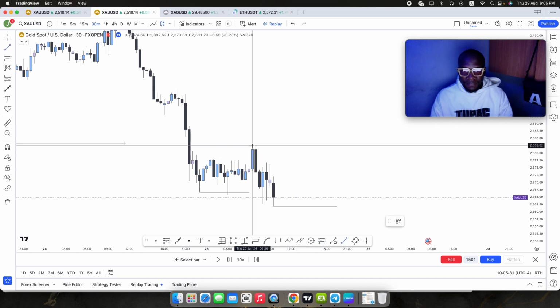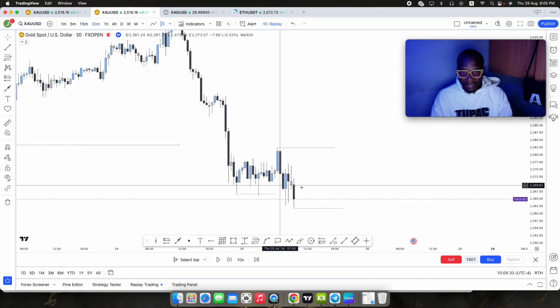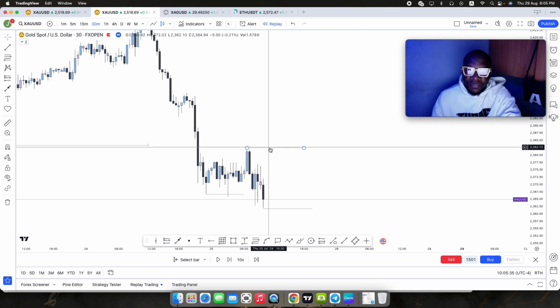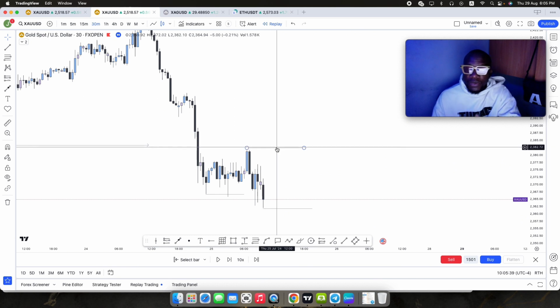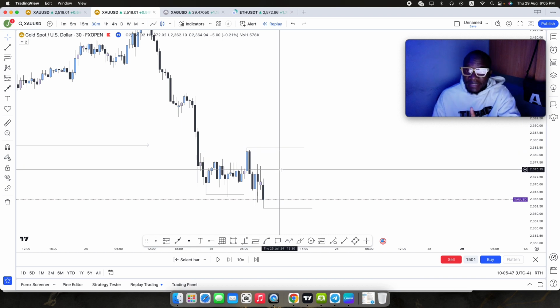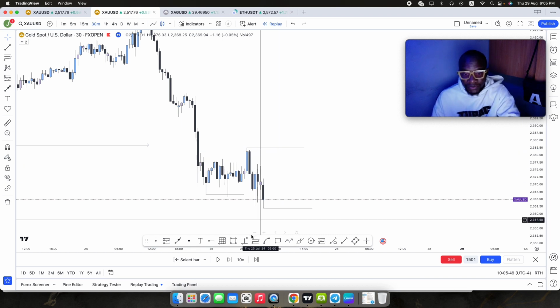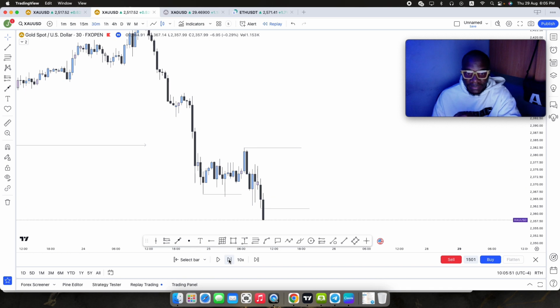So if the market wants to change character, we must first of all take out this high. And as soon as we take out this high, then we can probably say that the market is about to pull back. But if the high is not taken out, the market is still on a bearish move. So let's fast forward the market and see what happened.